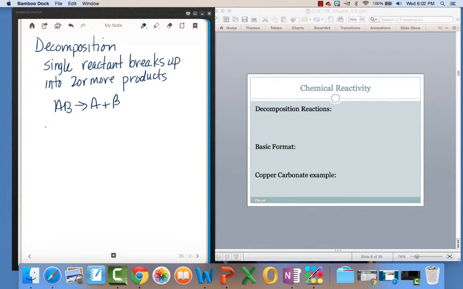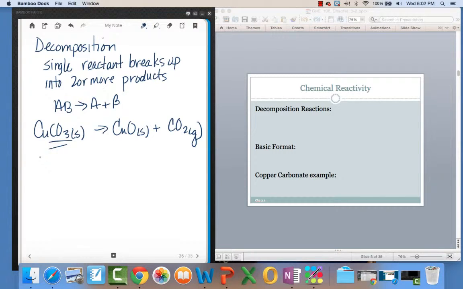Copper carbonate example, CuCO3 yields copper oxide and CO2 gas. You will learn that whenever carbonate is involved in a decomposition reaction, it will result in carbon dioxide gas as one of the products.